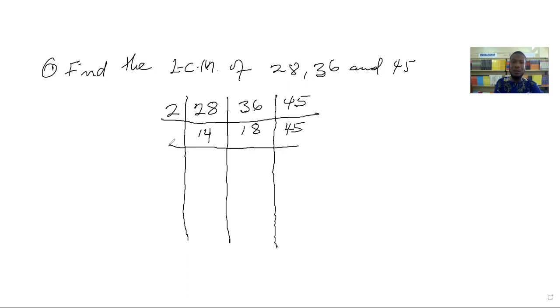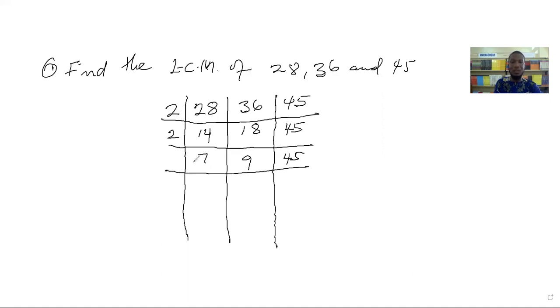Then again, I want to arrange them chronologically. So the 2 can still go. I'll repeat the 2. 2 goes into 14 7 times, goes into 18 9 times, and then cannot go into 45. So repeat the 45. Now 2 cannot go into any of the three results you get here.